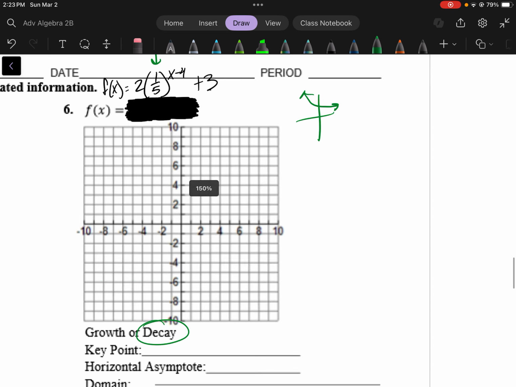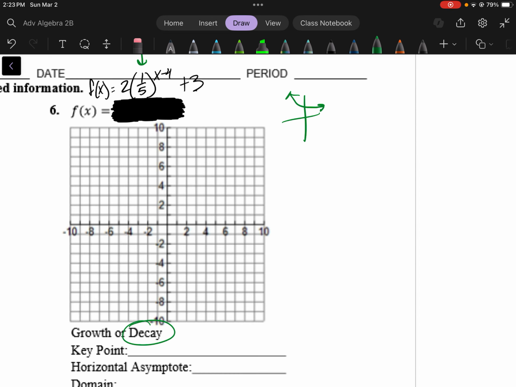Okay, and so from that, we can start making our table. If I plug in 0, and if I just think that this is like f of x equals 1/5 to the x, that's like my parent function.